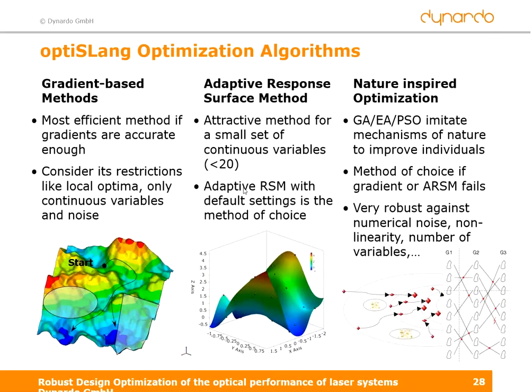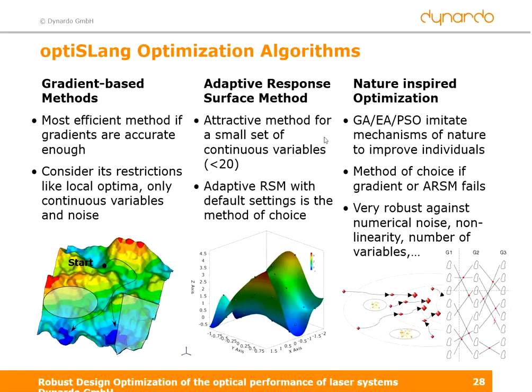But gradient-based methods work only up to 5 or 6 variables. If you have more variables, up to 20, and also maybe a noisy solver response, the adaptive response surface method is the method of choice.